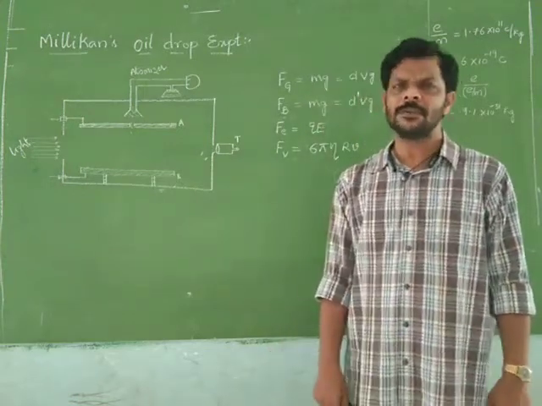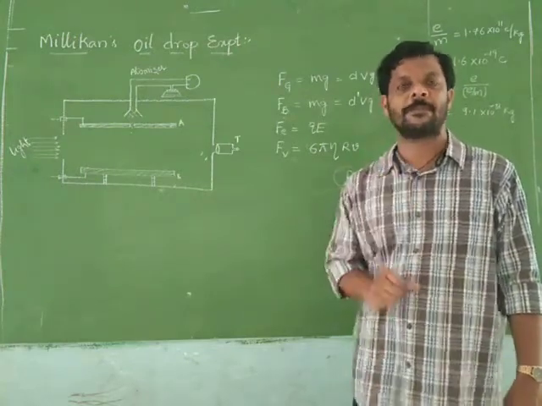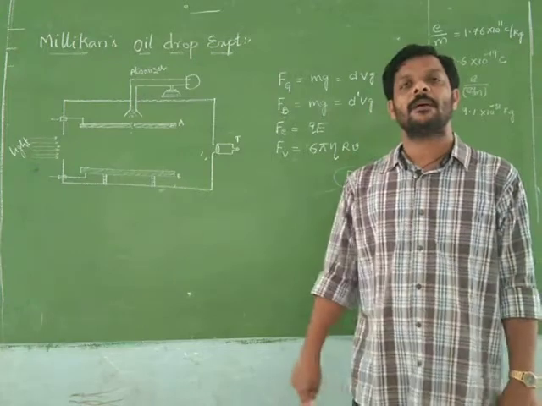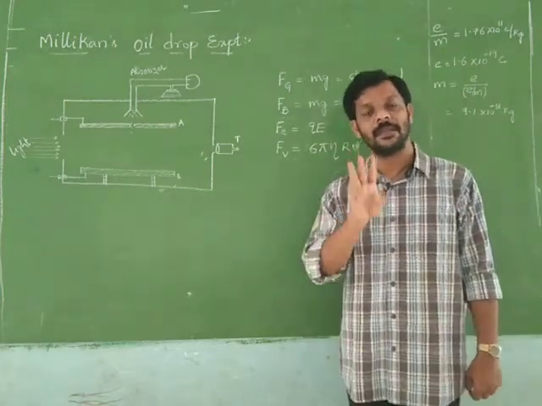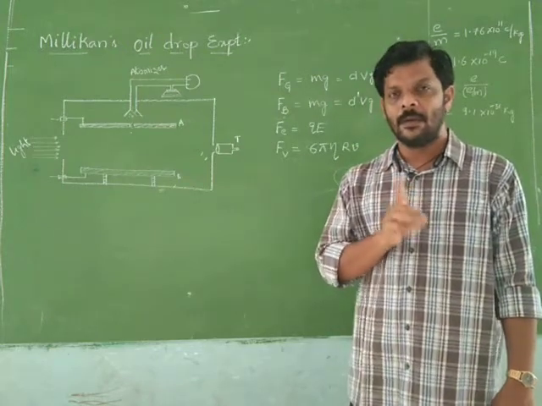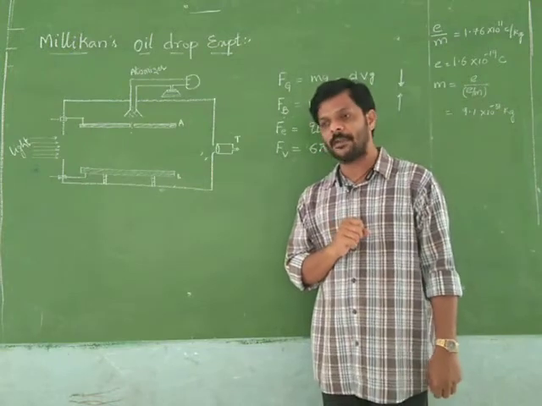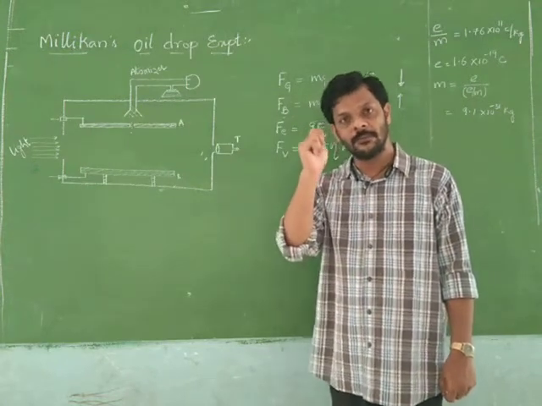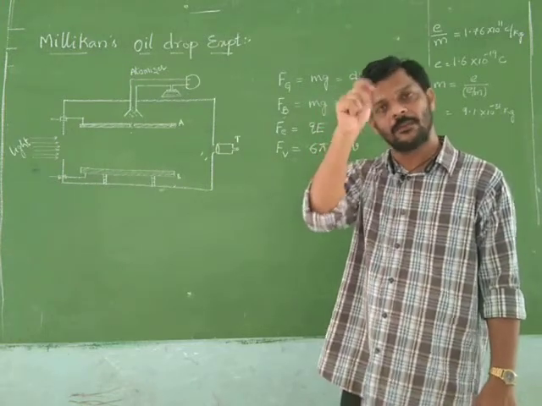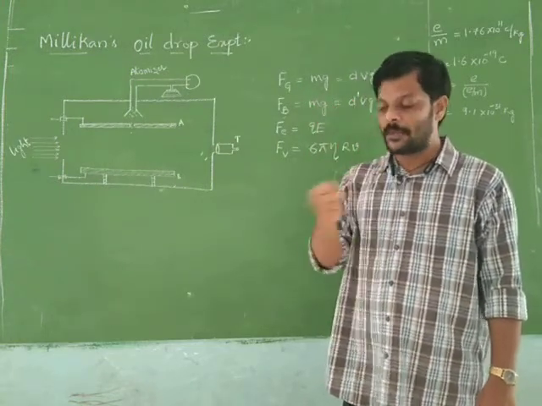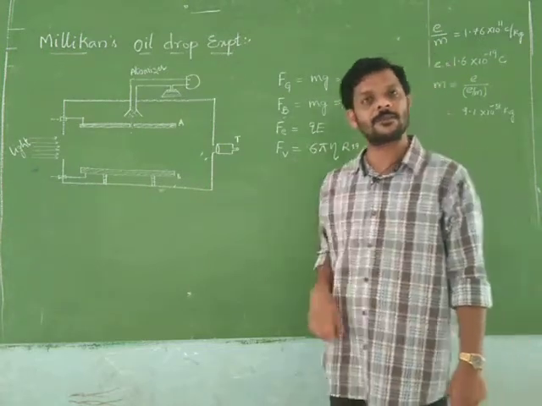Charges can be produced in three ways. One is friction, another is conduction, the third is induction. There are three kinds of processes. In 9th or 10th class, you have an example: if you comb dry hair with a new comb very rapidly and place the comb near paper clips, there is always an attractive force.